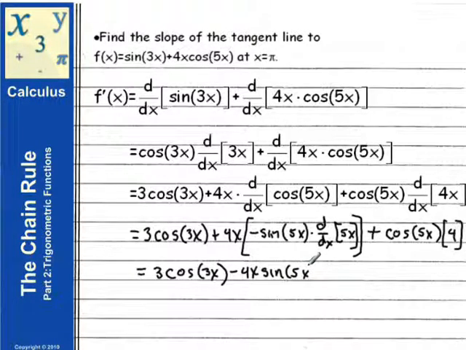And of course, the resulting derivative of 5x gives us simply 5. And then here we have the cosine of 5x times a 4, and we'll write the 4 factor in front so we won't be confused and think it's the cosine of 20x. So this is 4 times the cosine of 5x.